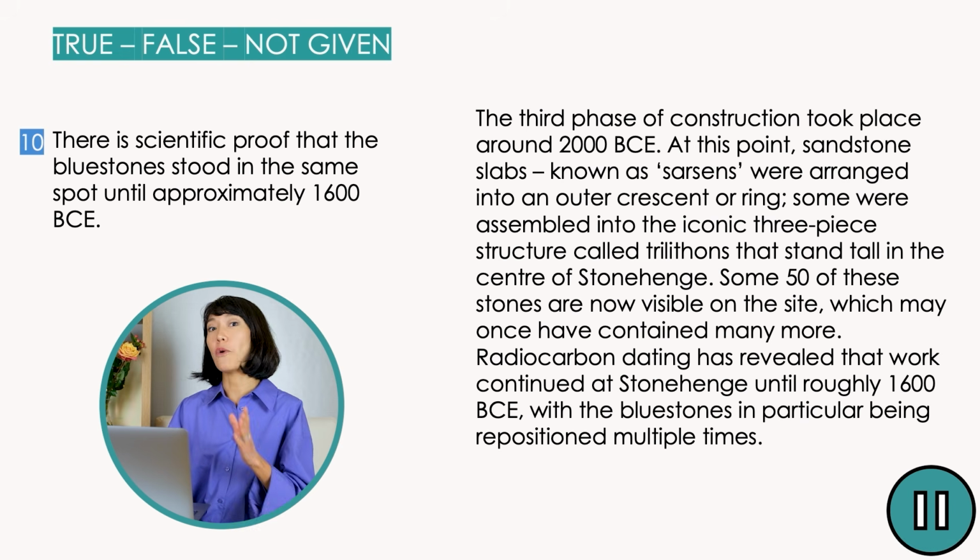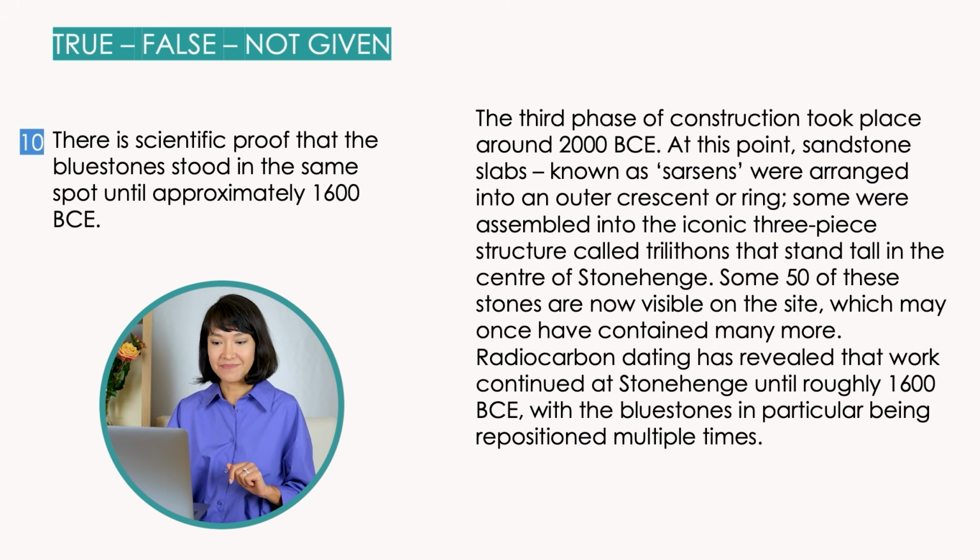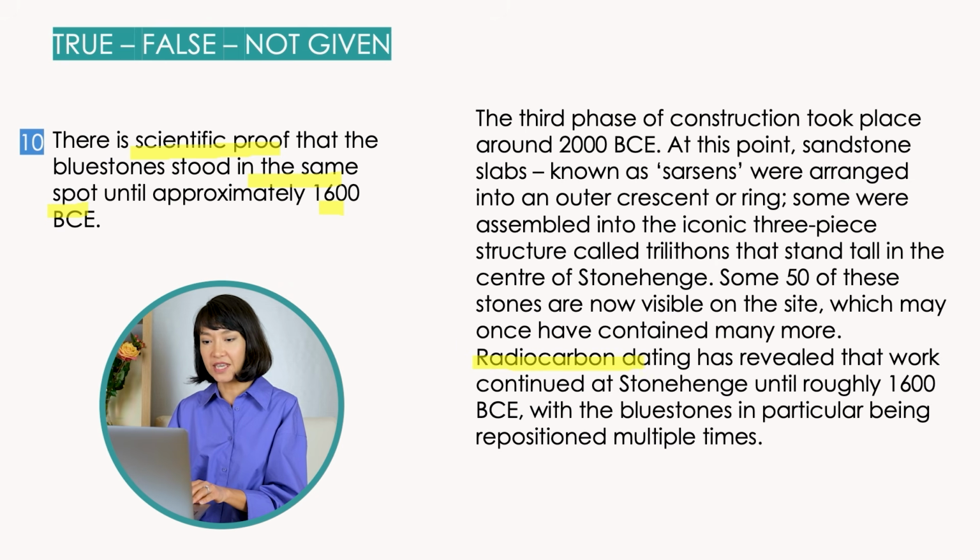Ready to have a look at question number 10? Go ahead and pause the video. Ready to continue? Let's have a look at this statement. There is scientific proof that the blue stones stood in the same spot until approximately our date. So here we can read radiocarbon dating. So that's our scientific proof.